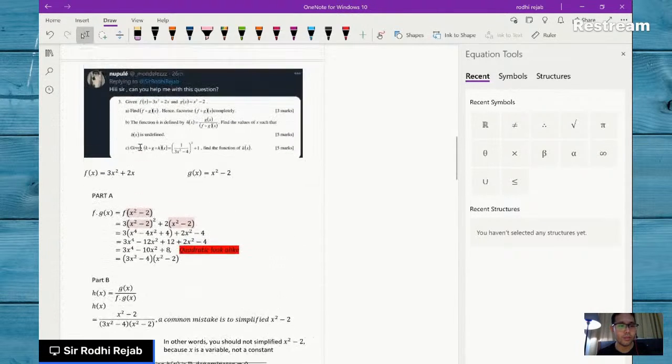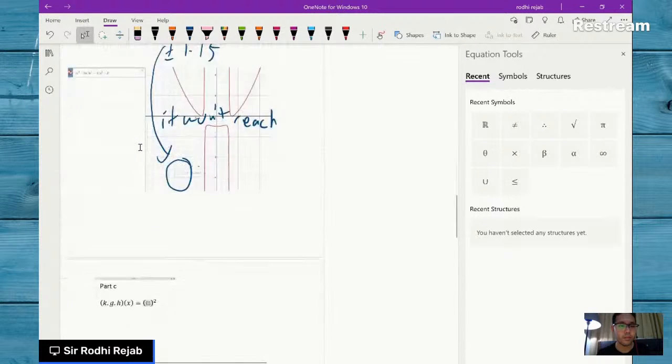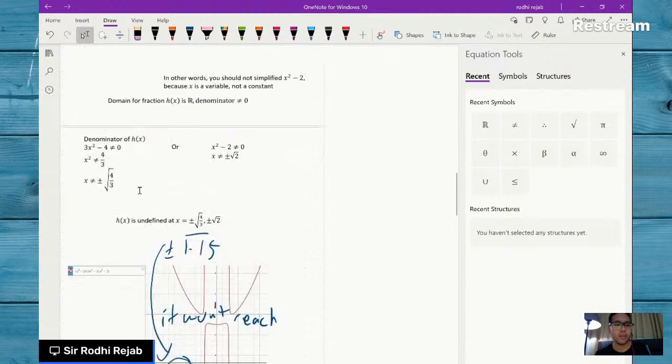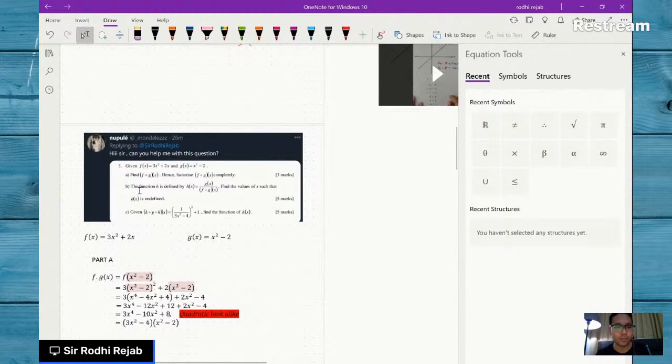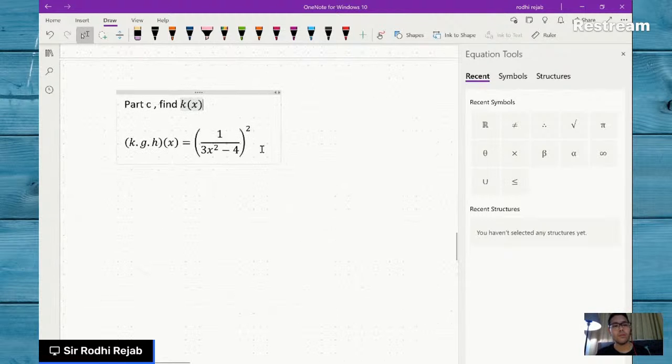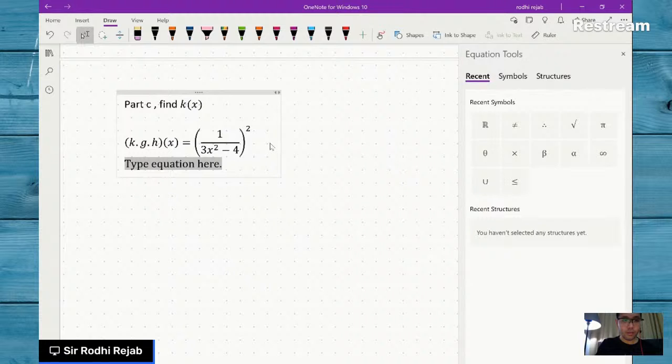I'm doing. Okay, let me just say this out loud. I'm not sure whether I can solve this. Not sure I can solve this.